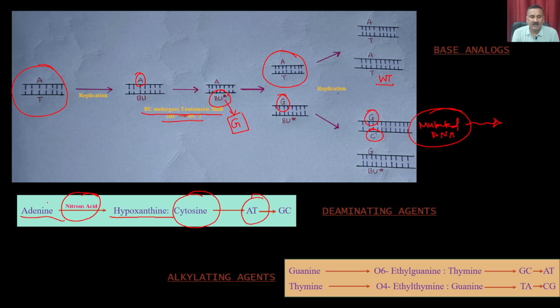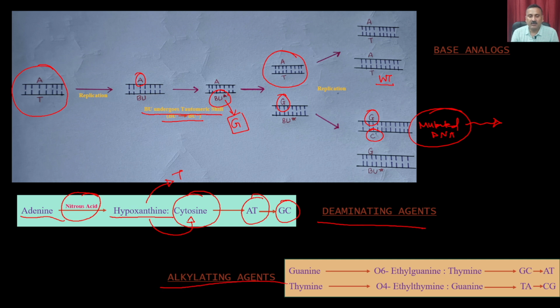So once you have the adenine converted to hypoxanthine, it will not form the interaction with T. Instead, it is going to have the interaction with C, and because of this, the AT is going to be replaced by GC, exactly with the same mechanism: in the first generation the A will recognize the T, but in the subsequent generation, when its A gets converted to hypoxanthine, the daughter strand is going to have the cytosine, and cytosine is going to incorporate the C. So that is exactly what is going to happen in the subsequent generation, even with the deaminating agents.